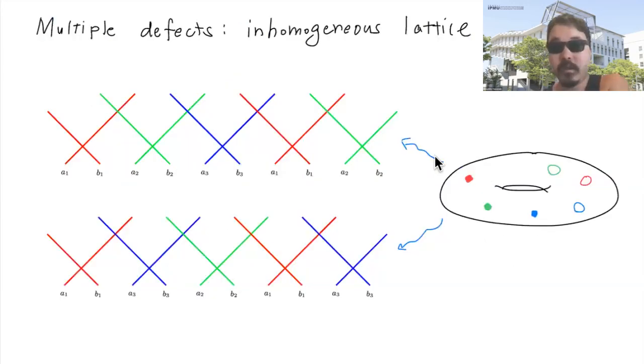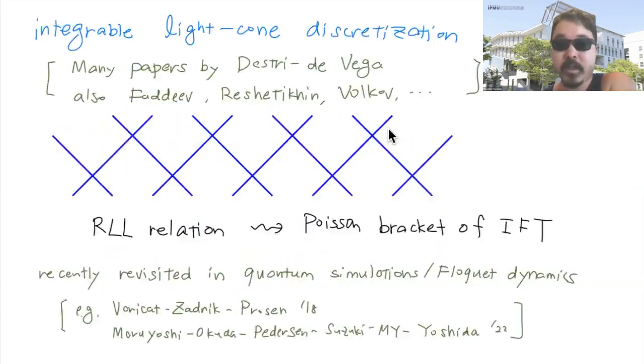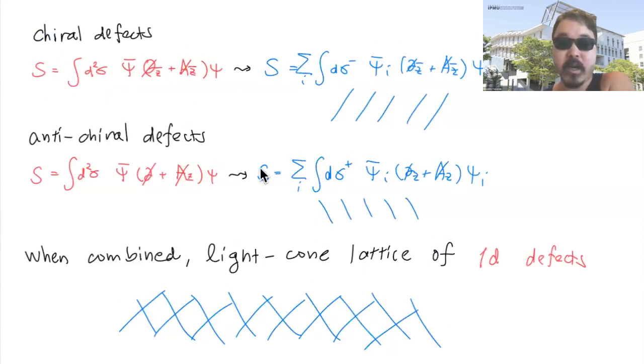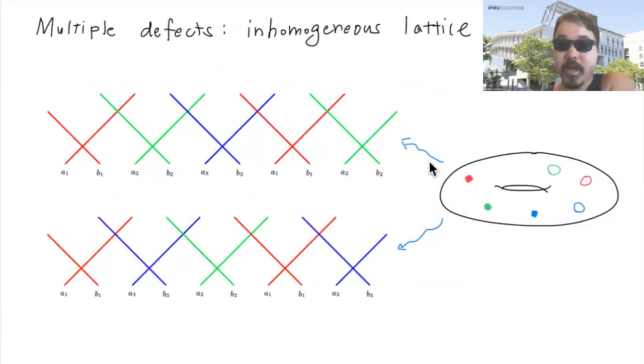Now, okay, so here we discussed the discretization in the case of one chiral defect and one anti-chiral defect. But you can try to discuss multiple surface defects. For example, here you have 3 chiral defects, the ones that are filled in, and also 3 anti-chiral defects, which are represented as points with nothing filled in.